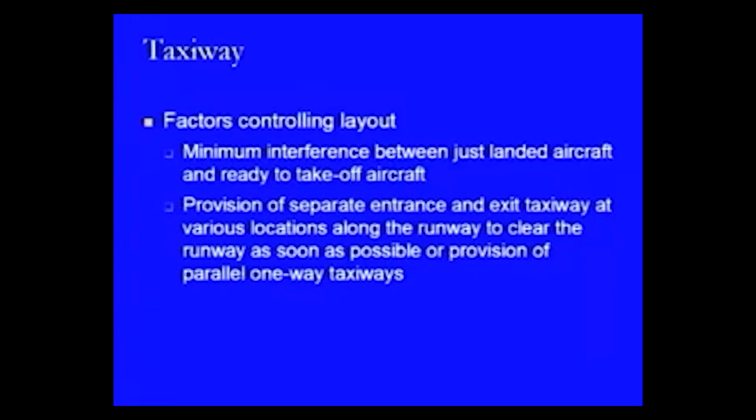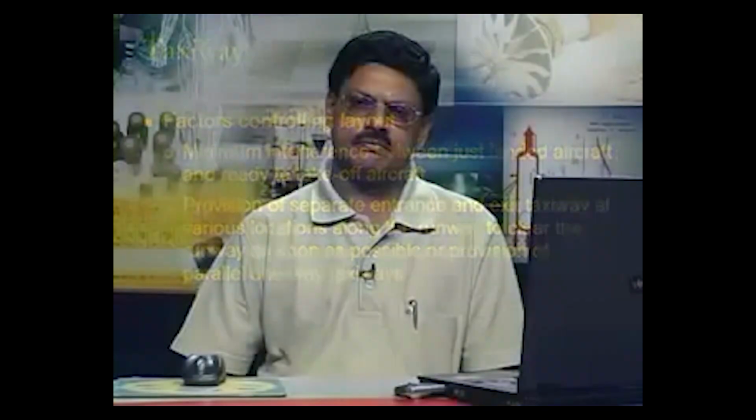Further, there should be a provision of separate entrance and exit taxiways at various locations along the runway, and this is required so as to clear the traffic, in terms of the landing aircraft, from the runway as soon as possible, and this will make the runway available for another landing operation or another takeoff operation.